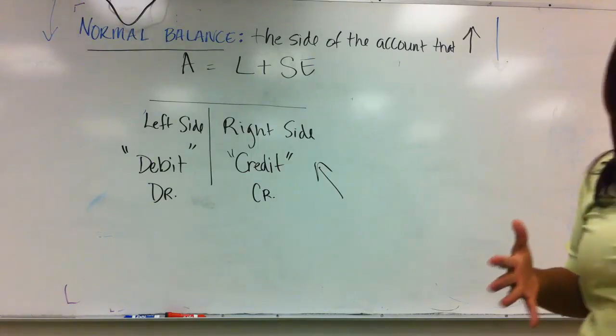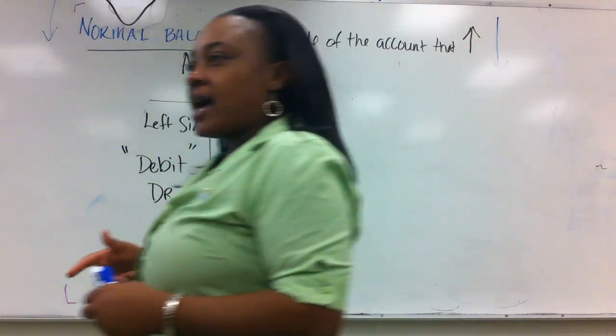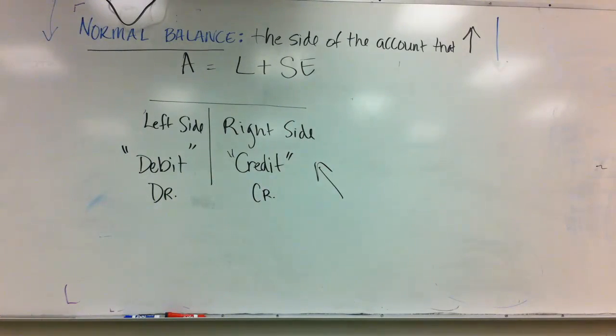So the normal balance of an account is the side of the account that increases. So that means that every account will have one normal balance. It'll either be the left side, which is the debit, or it will be the right side, which is the credit. Some accounts will increase on the debit side, and some accounts will increase on the credit side.